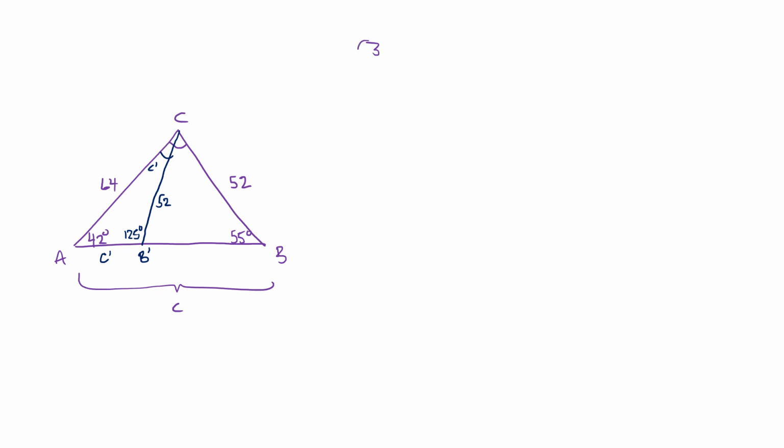So our third step here is to find sides C and C prime. All right. So we are going to use the side A and angle A ratio with the side C to help us find our missing sides, C and C prime.